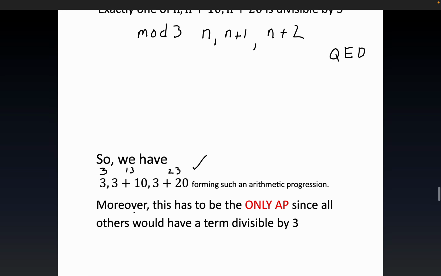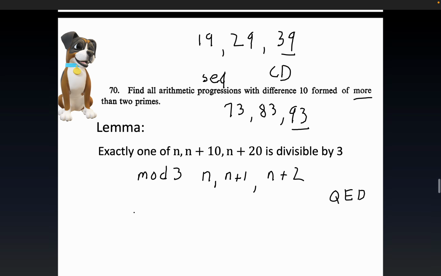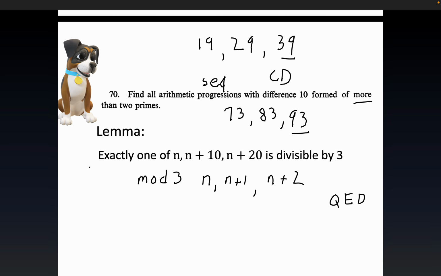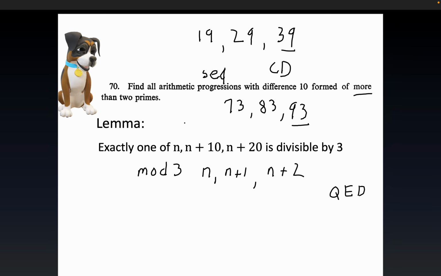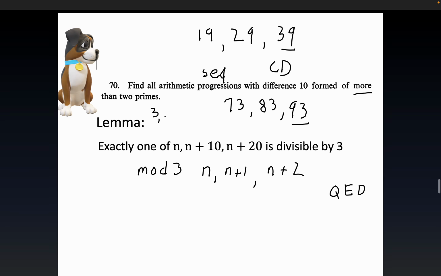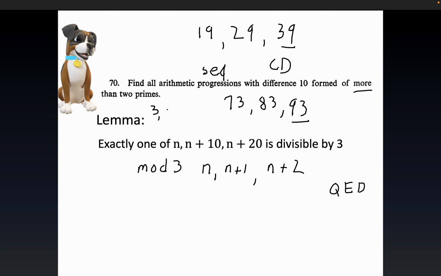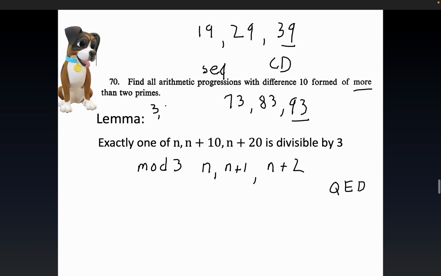So let's come back up here. It says find all arithmetic progressions, common difference 10, formed of more than 2 primes. Well, the only one would be 3, 13, and 23. Now I'm guessing that a lot of you can just by inspection see this fairly quickly, but proving that this is the only one is more of a task.